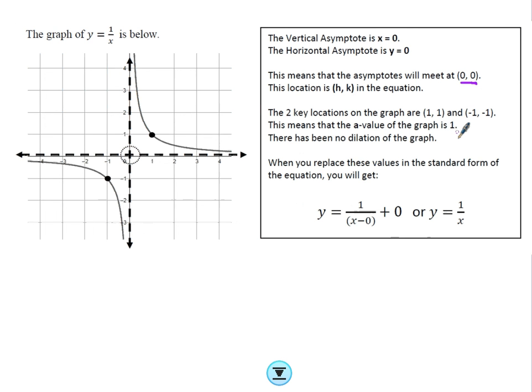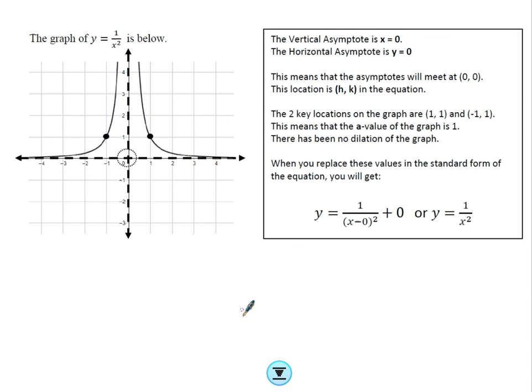And when we get to the very end of these notes, we'll talk about how you can have an equation and state the transformations, and then we'll talk about dilations other than 1. So you can see that this point here, 0, that's your h. This point 0 here, that's your k. The h goes here, the k goes here, and if you simplify, it's 1 over x. So this is our most basic parent function, 1 over x.